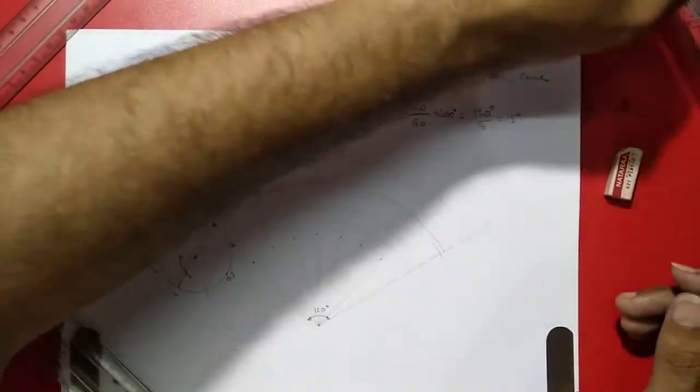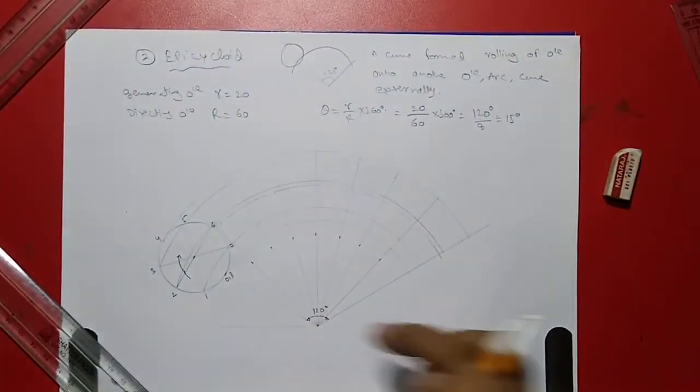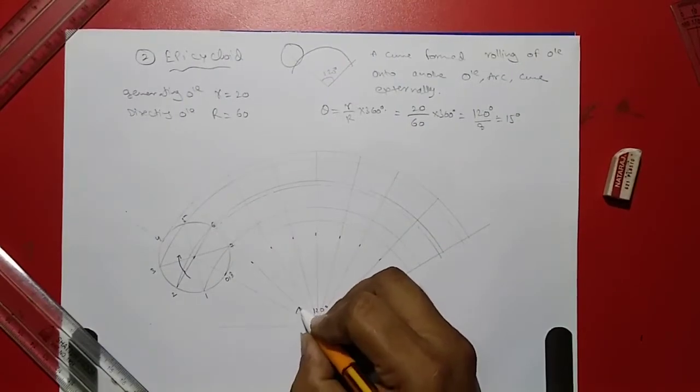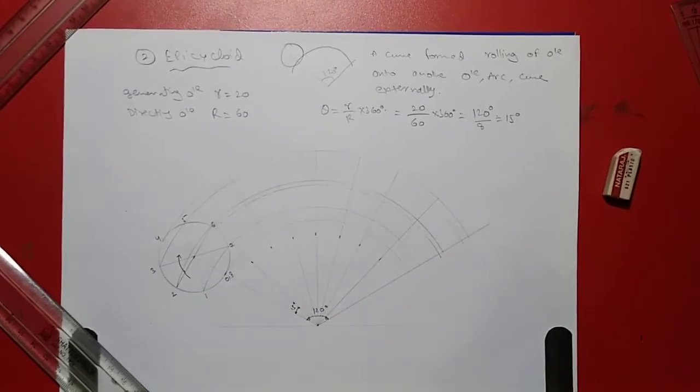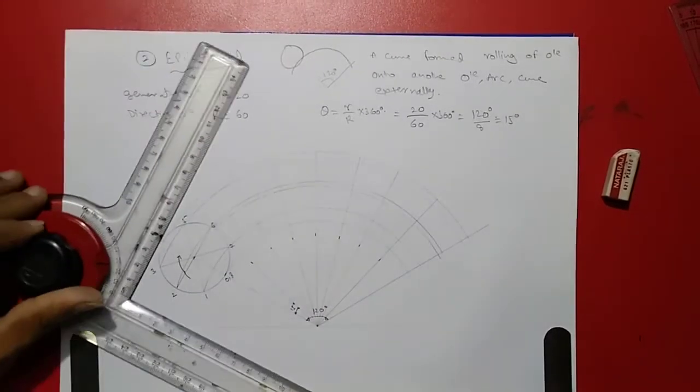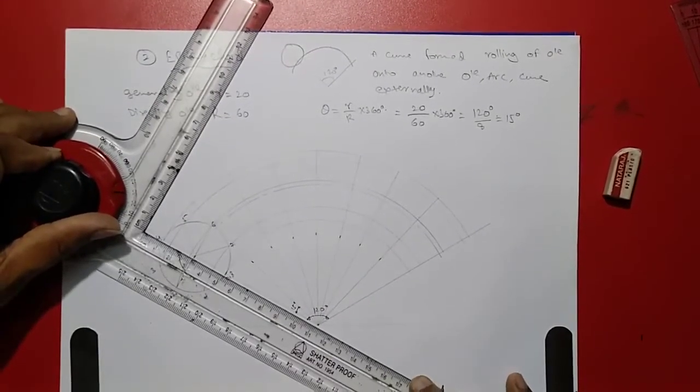So here we have divided this sector into 8 equal parts, each of 15 degrees, right? I'll also mention the diameter of the generating circle here.